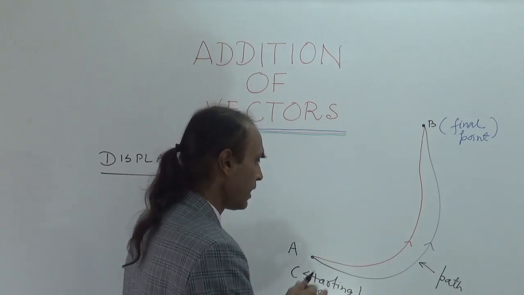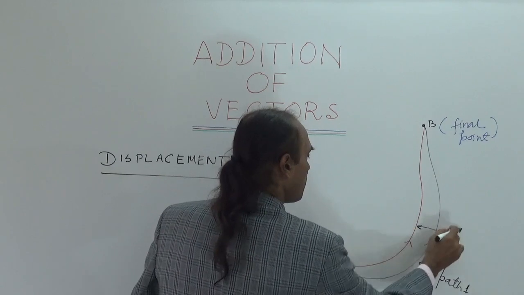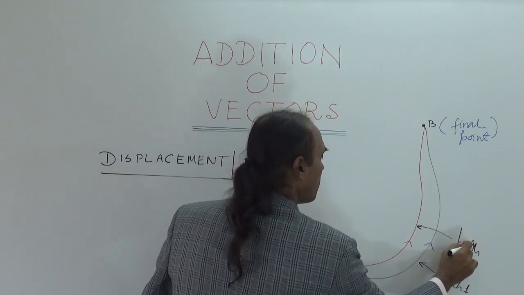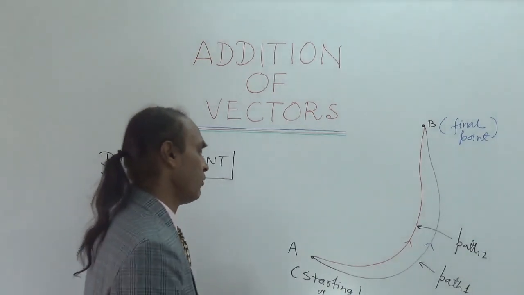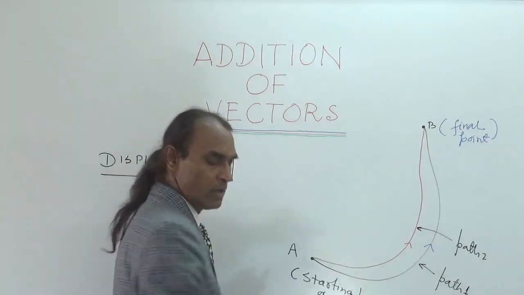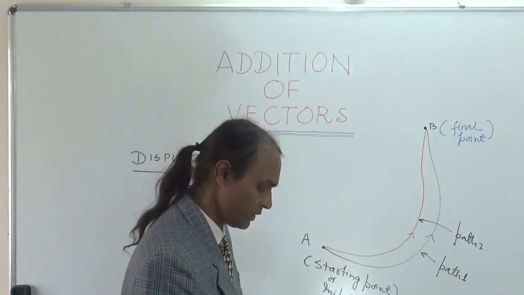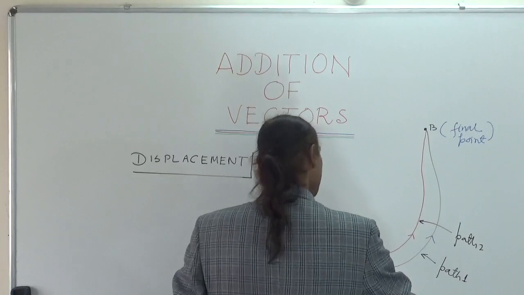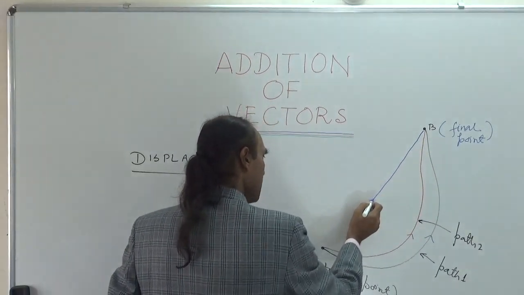This is path number 1, this is path number 2. Countless different paths I can follow, but always I have some destination, and that is always a constant quantity for all types of paths.